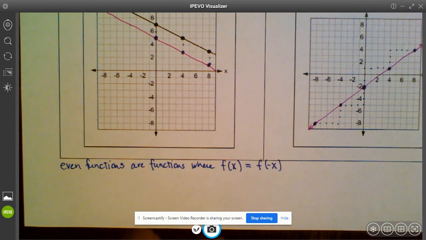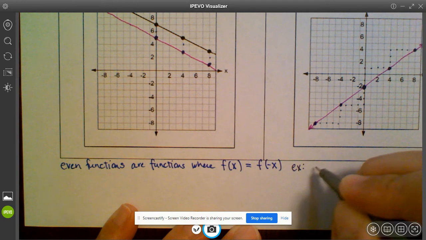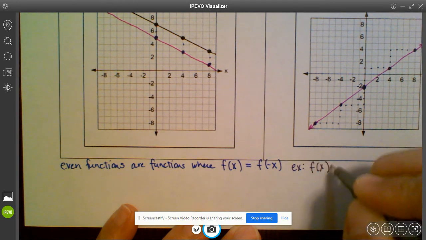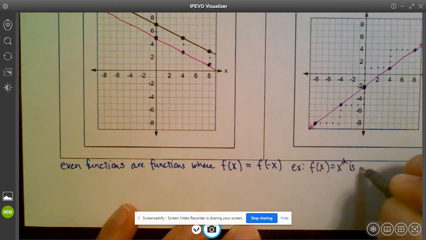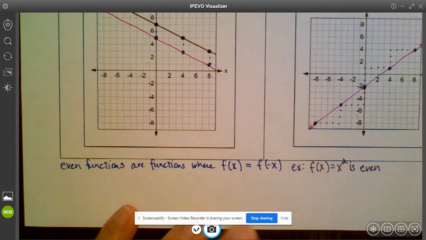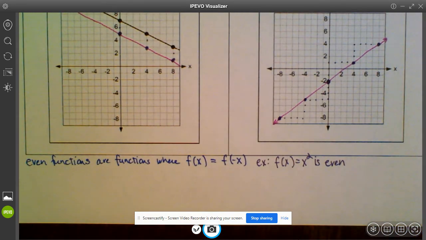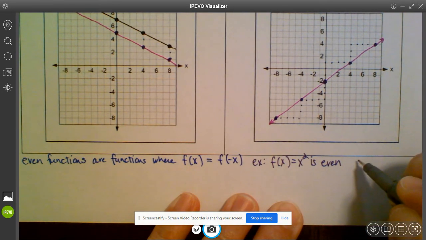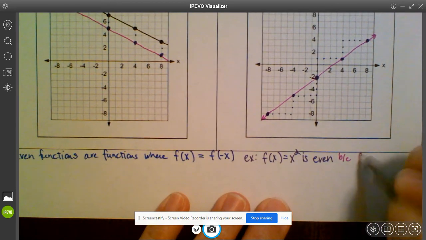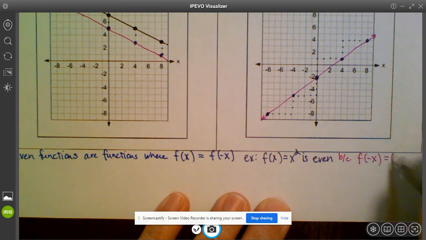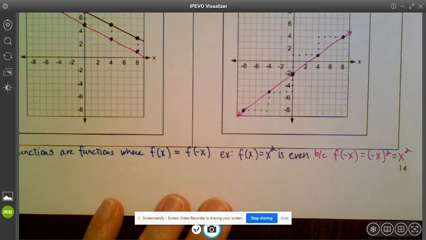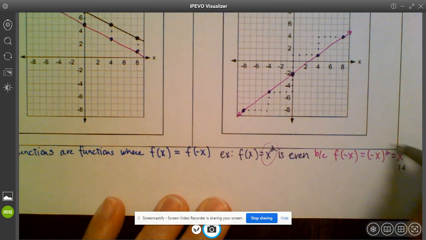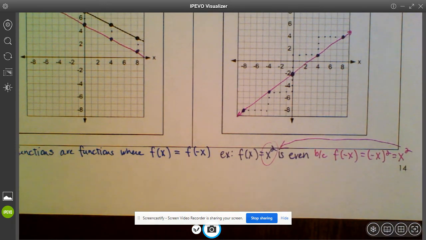For example, x squared is even. And the reason why is because if you look at f of negative x, so we'll say because f of negative x is the negative of x squared, which is x squared, which, oh my gosh, is just like the original. They're the same.